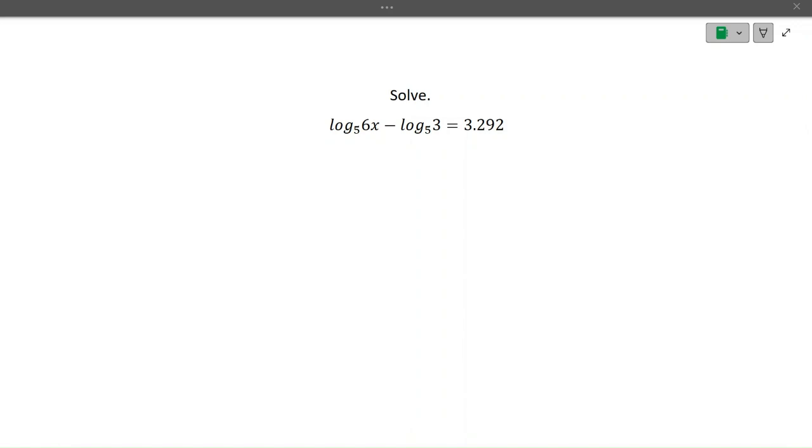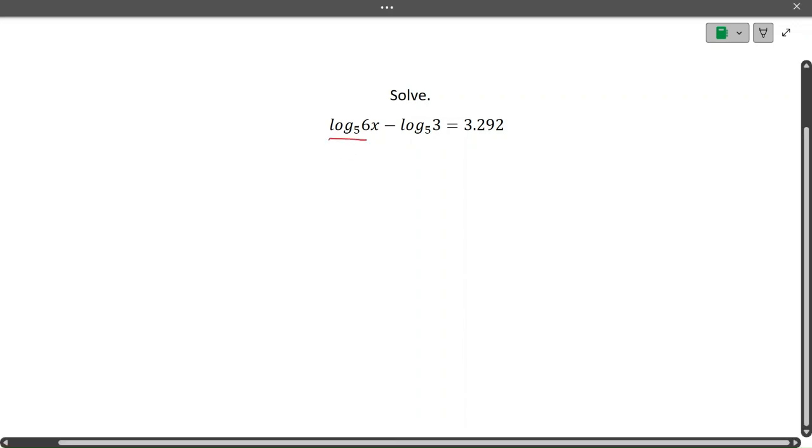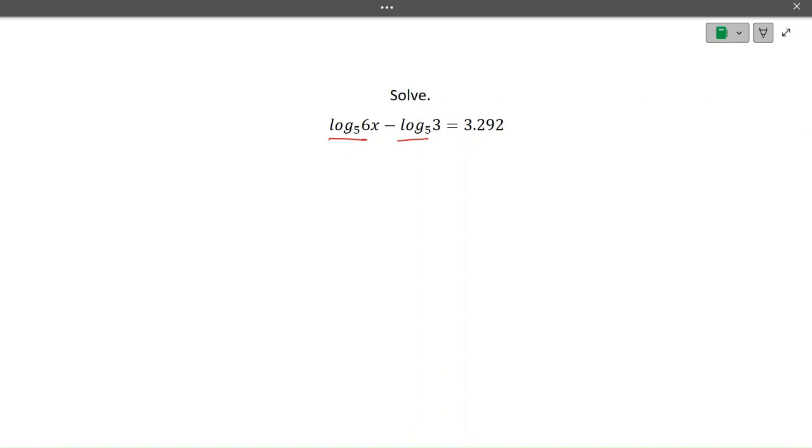I know that when we have a subtraction problem where there's log base 5 and log base 5, what's inside of the logs get divided. So I'm going to rewrite this as a single log, which is log base 5 of, the first inside is the numerator, the second log's inside is the denominator.